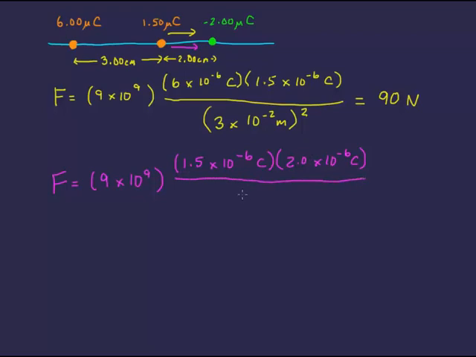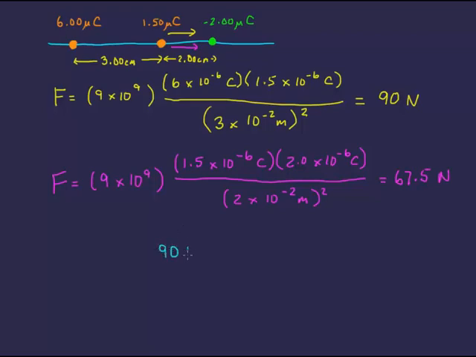The fact that it's negative 2 doesn't matter in terms of finding the magnitude. We already determined the direction was going to be to the right. Now this distance is 2 times 10 to the negative 2 meters. Don't forget to square it, most common mistake. And let's see what the answer comes out to. Looks like we have 67.5 newtons.